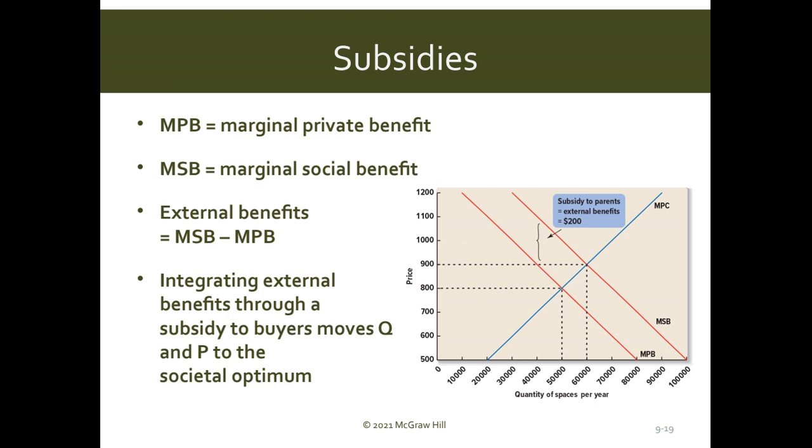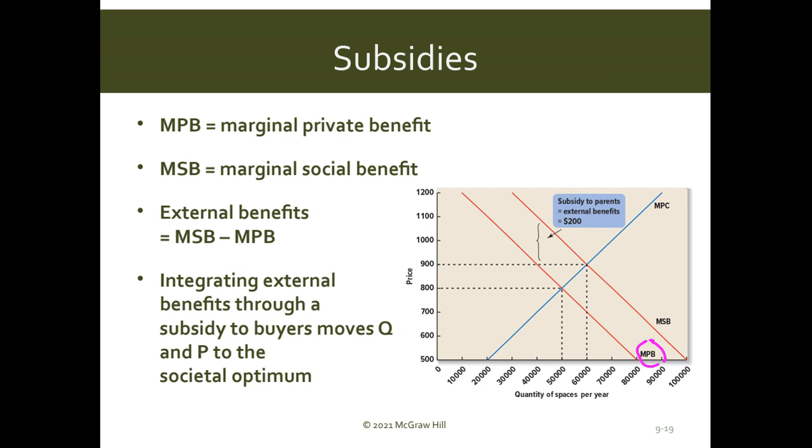The private market for education is this. This is the marginal private benefit, that is the utility or benefits that students derive from the education. And that is the marginal private cost, the cost of providing this education.